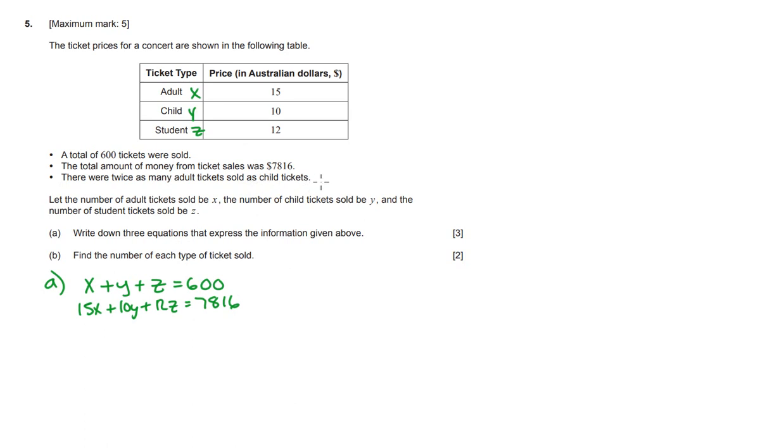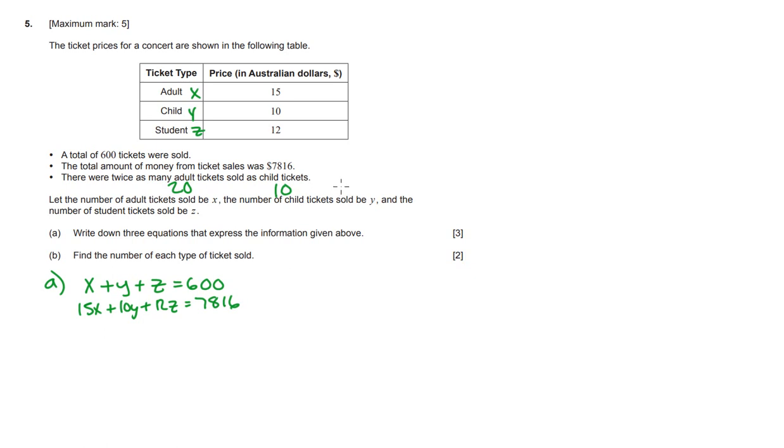Okay? And then the last one, there were twice as many adult tickets sold as child tickets. This is the one that can get a little tricky. So what I'd like to do is say, let's say I sold 10 child tickets, how many adult tickets would I have sold? There are twice as many adult tickets as child tickets, so that means we would sell 20.